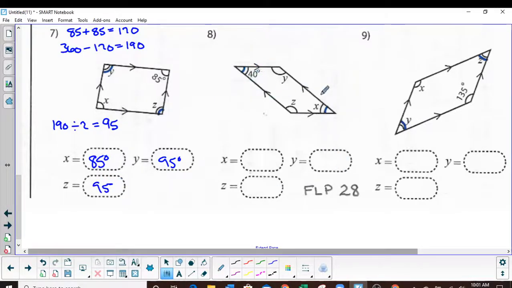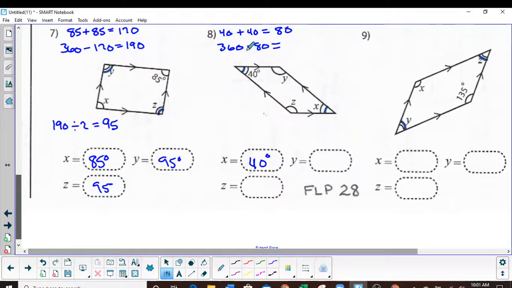40 degrees here, opposite of 40 is x, so x is equal to it, so I know it's 40 also. Okay. We have a 40 and a 40 is 80. I got quads are 360, so I subtract the existing 80.